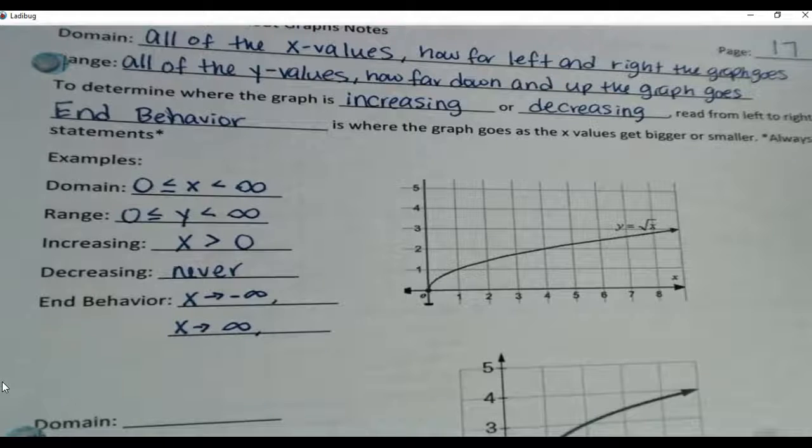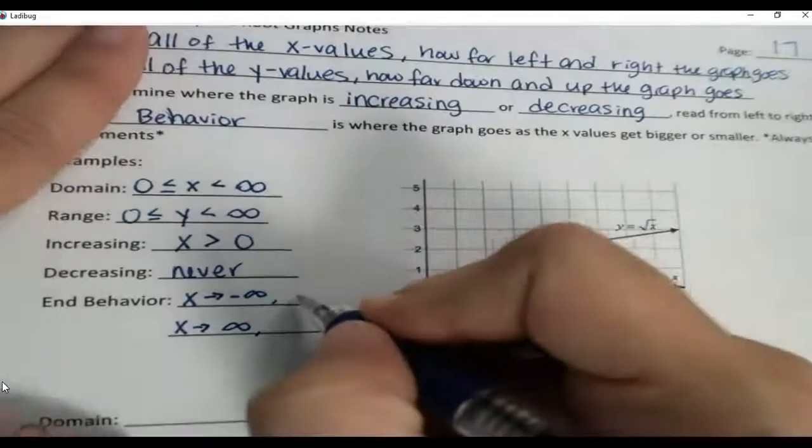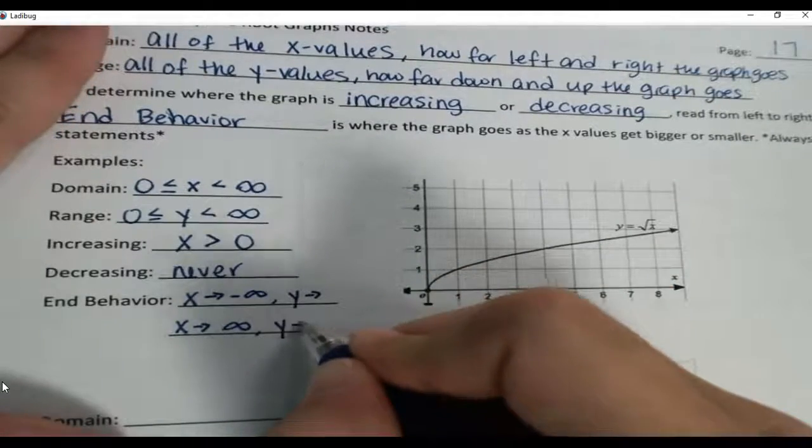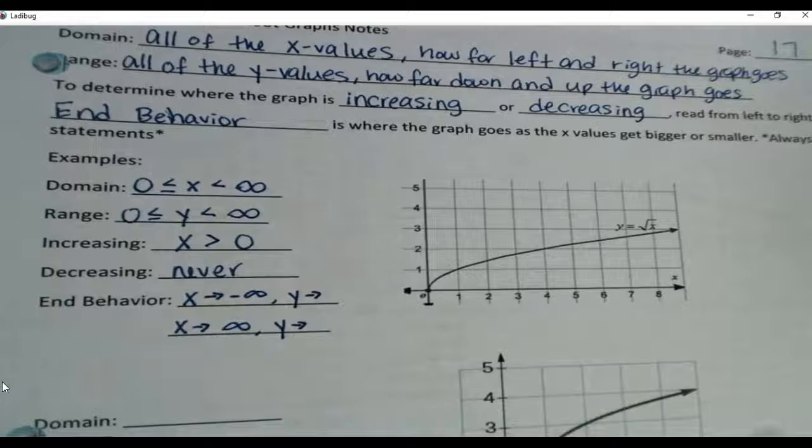Okay? It always starts with that. So as x goes to negative infinity, as x goes to positive infinity, we want to know what does y do. So y approaches something, and y approaches something. So every single time you're doing end behavior, you can start with this. Okay, so this is always the same. As x goes to negative infinity, y goes to something. As x goes to positive infinity, y goes to something.